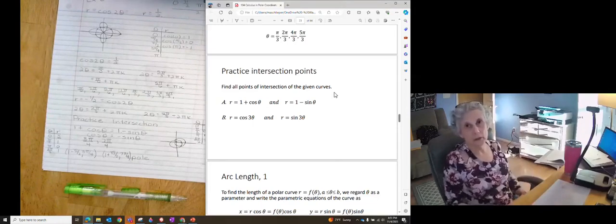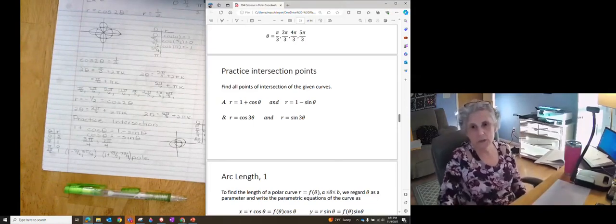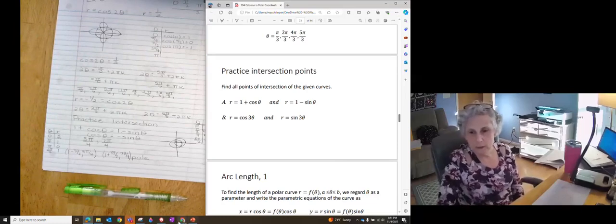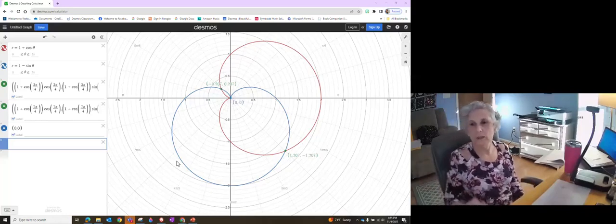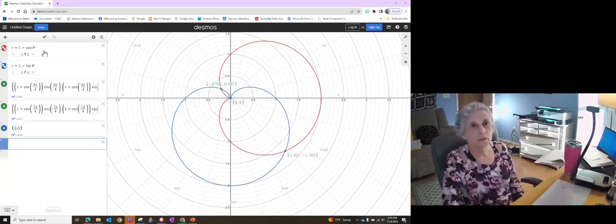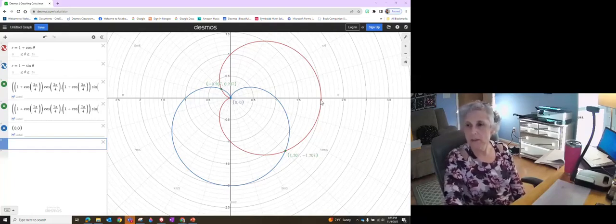You could figure out the Cartesian coordinates if you wanted to. Let's look at a pretty picture of it. And here's my two curves. We have 1 plus cosine theta, that was the cardioid that lived on the x-axis. We have 1 minus sine of theta, the cardioid that lived on the y-axis.